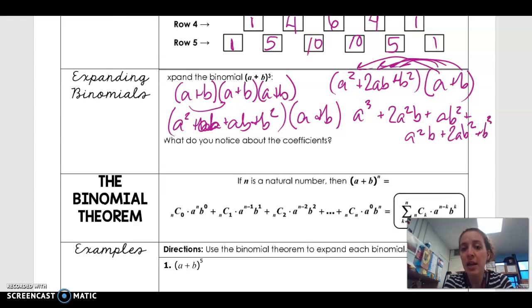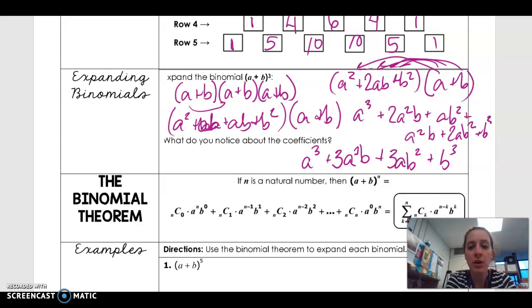So once I fully simplify this, I end up with a cubed plus 3a squared b plus 3ab squared plus b cubed.